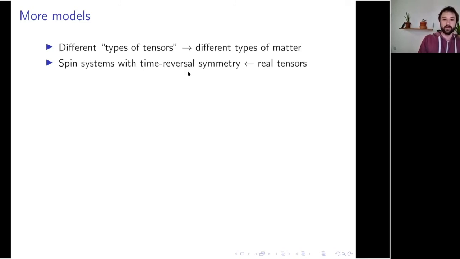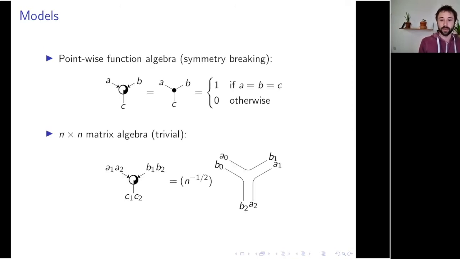And tensors invariant under complex conjugation are just real tensors. So in order to get models for topologically ordered spin systems protected by time reversal symmetry, we just need to look at the same equations and interpret them in terms of real tensors. And now you might think, oh, well, real tensors are more restricted than complex tensors, so the models will be even more boring.